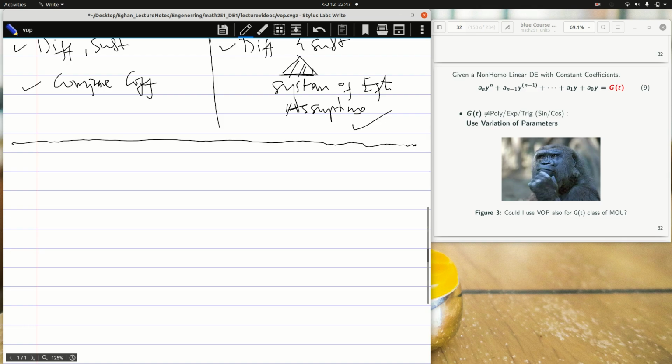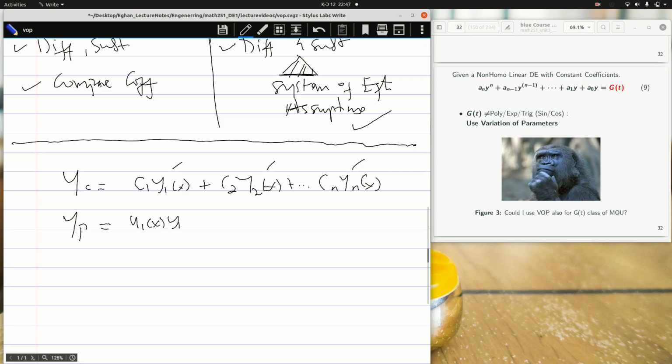Assuming I solve a problem and I have a solution of some c1 y1 of x, c2 y2 of x, through to cn yn. This can be exponential, it can be anything, but I'm just representing them like this. It means my yp is a copy of that, so I have it as that. What can we tell or see here?